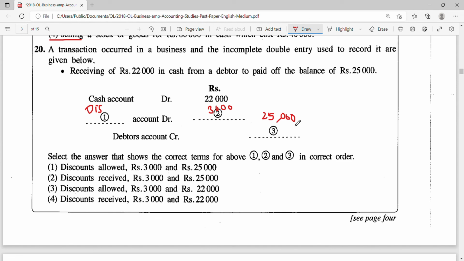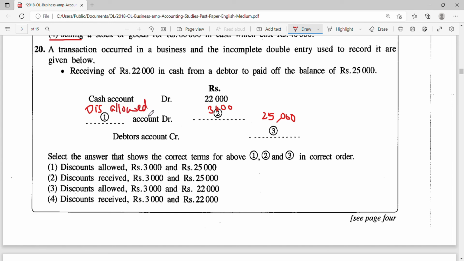That 3,000 is like a discount that you have given. Now if you give a discount to your customer, from your point of view, if you are the one giving the discount, to you it is discount allowed because you are allowing that discount. Correct? So here in place of 1, you should have discount allowed account.